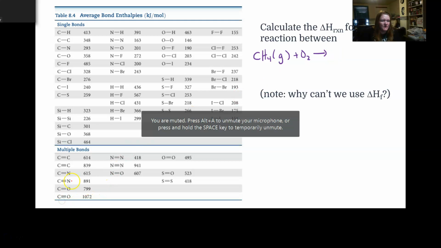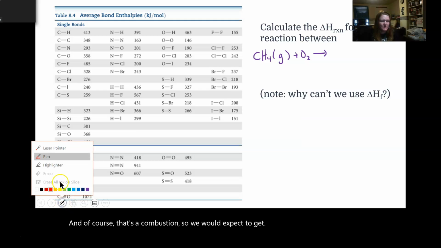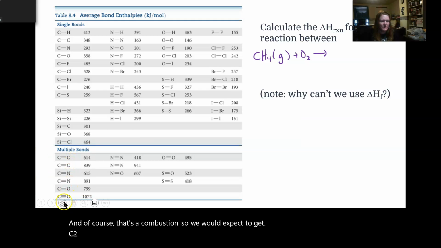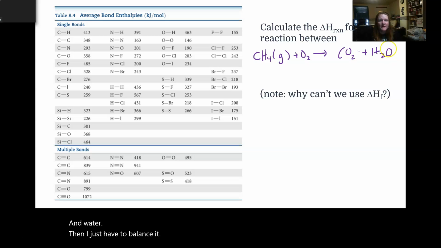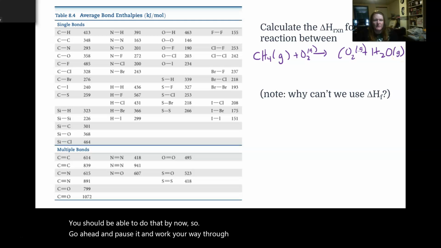And of course, that's a combustion, so we would expect to get CO2 and water. Then I just have to balance it. You should be able to do that by now, so go ahead and pause it and work your way through it. And I wrote gas here, of course, because it's hot, it's on fire.